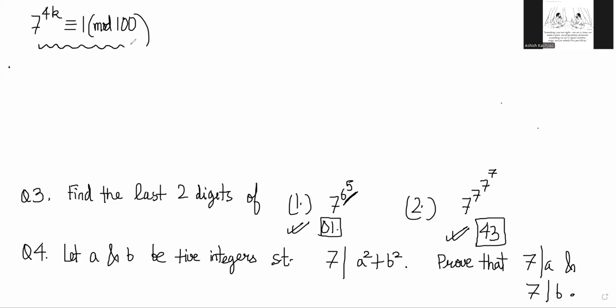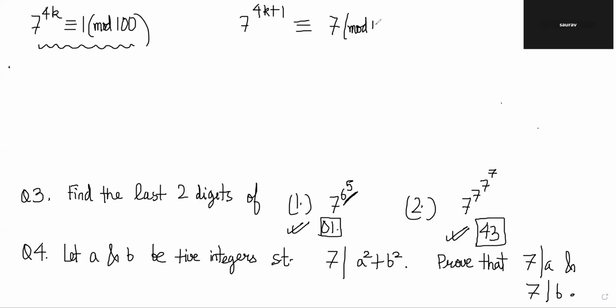7 power 4k is 1 mod 100, and that implies that 7 power 4k plus 1 कितना होगा? 7 mod 100. 7 power 4k plus 2 कितना होगा? 49 mod 100.